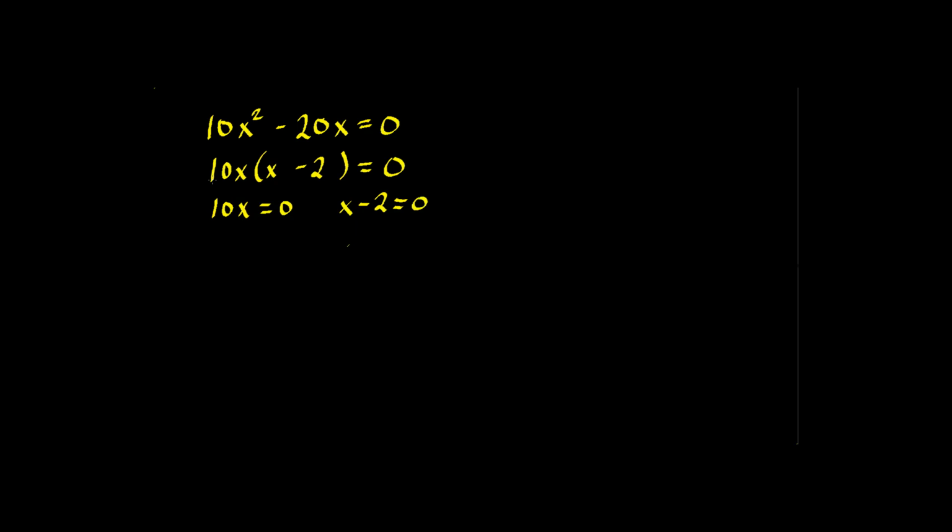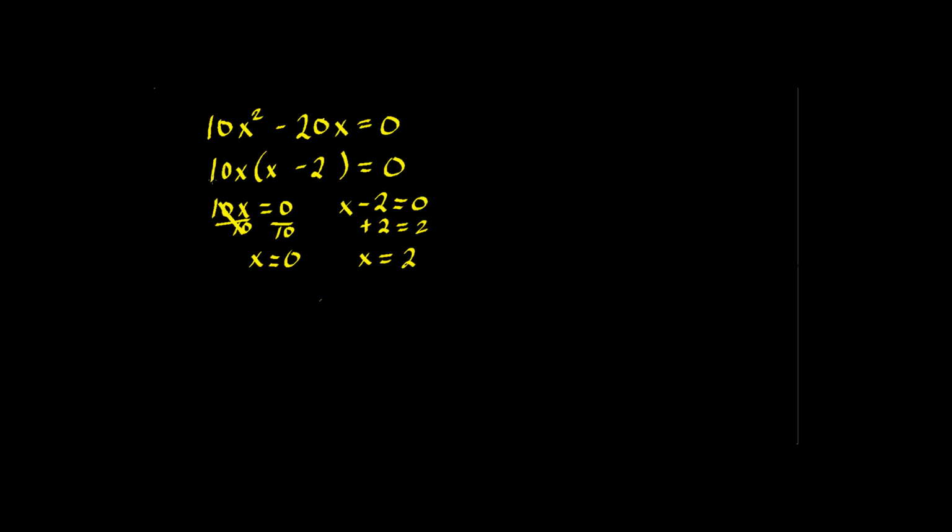And then we will solve both of these. So 10 times x equals 0 means that we divide by 10 in order to solve this one, and we get our first answer of x equals 0. For the next equation, x minus 2 equals 0, we can add 2 to both sides, and that will give us our second solution of x equals 2.